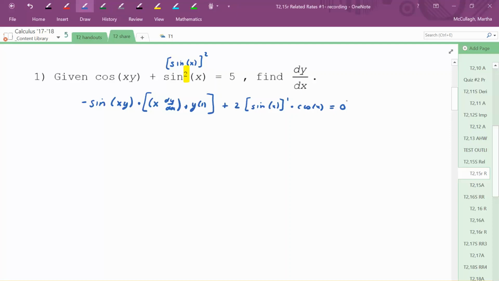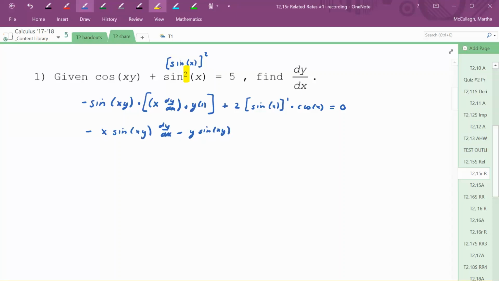Tidying up, simplifying, I've got a negative. I'm going to bring this x out front. X sine xy, and the dy dx. And then distributing, I've got minus y sine xy.